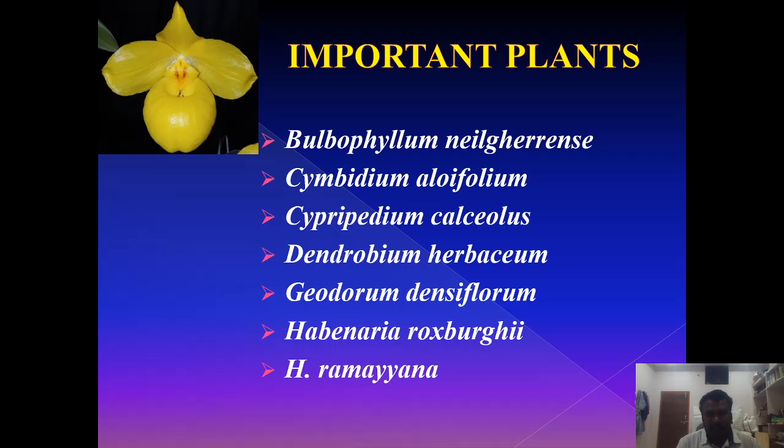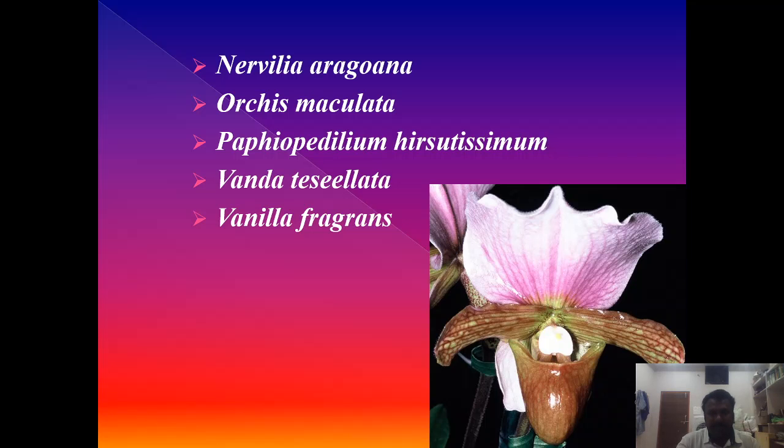The important plants of Orchidaceae are Bulbophyllum nilgirense, Cymbidium aloifolium, Cypripedium, Dendrobium, Geodorum, Habenaria roxburghii and Habenaria ramayana, Neottia, Orchis maculatus, Paphiopedilum hirsutissimum, Vanda tessellata and Vanilla fragrans.